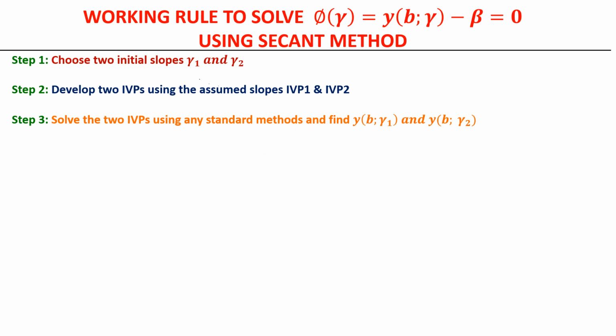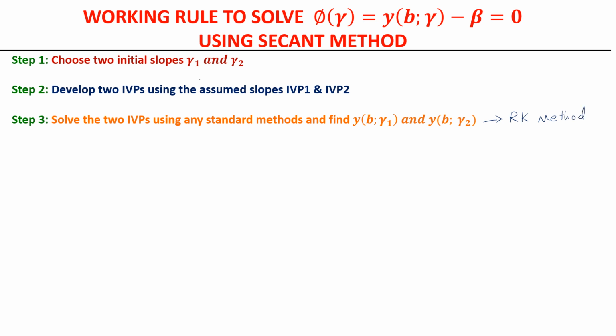So in the first case, I am getting y of b comma gamma 1, and in the second one I will get the value of y of b comma gamma 2. That's how I develop the two values. How do I solve them? With any standard method, and the standard method that we are going to follow is the RK method, one of the proven methods.